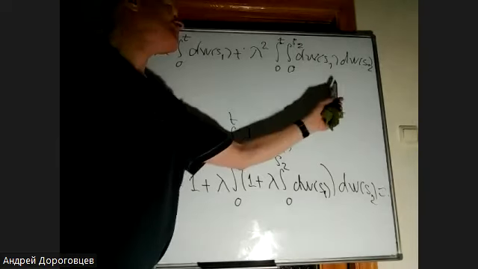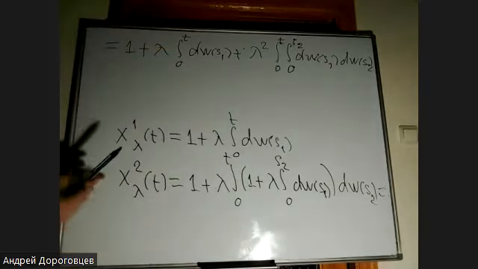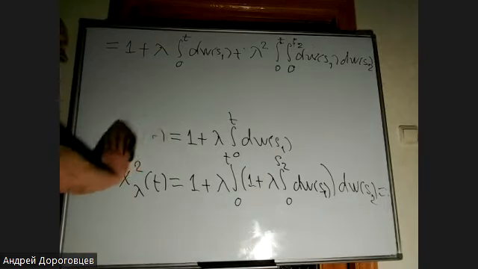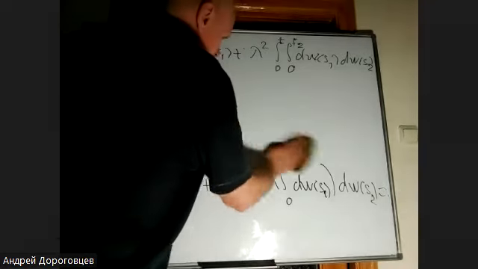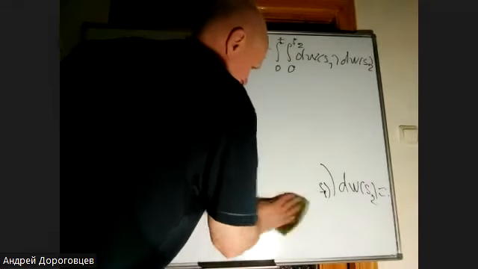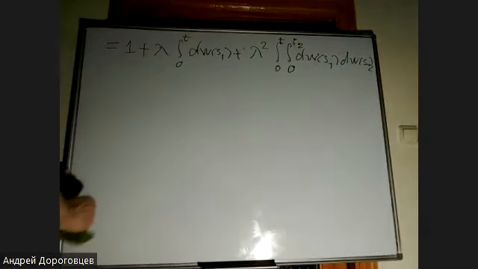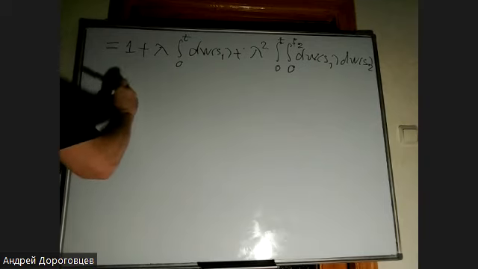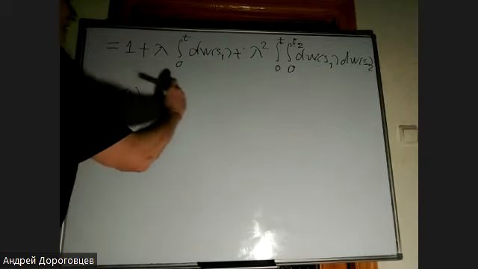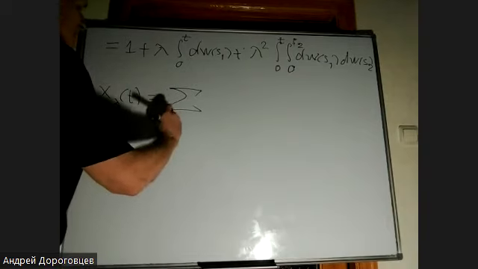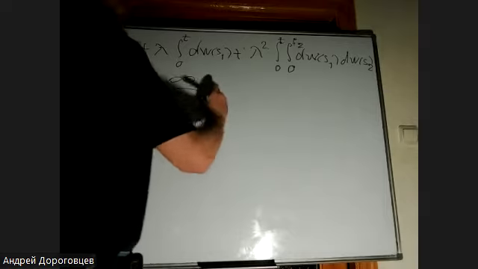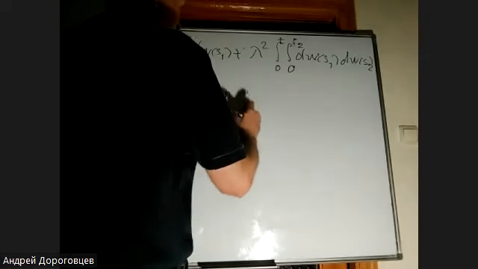this iterated integral. From this, maybe everybody can easily at least imagine, but it is desired to prove that the final expression for X lambda t is a sum from n equals 0 to infinity, and here is lambda to the n, and here is integral.